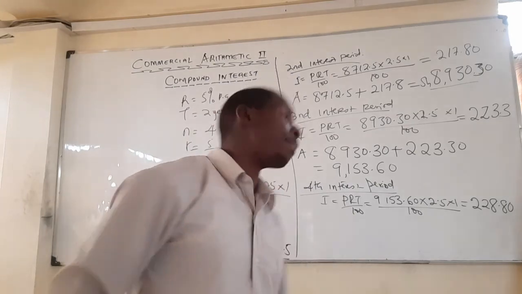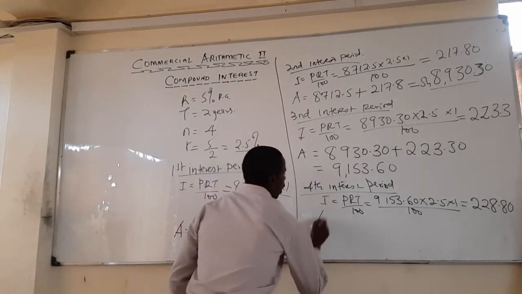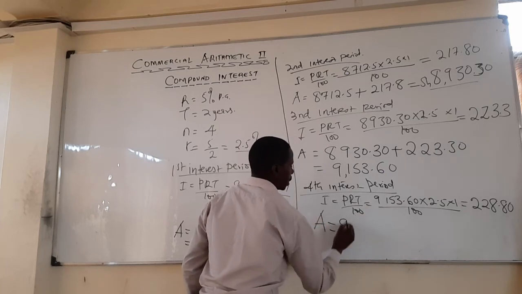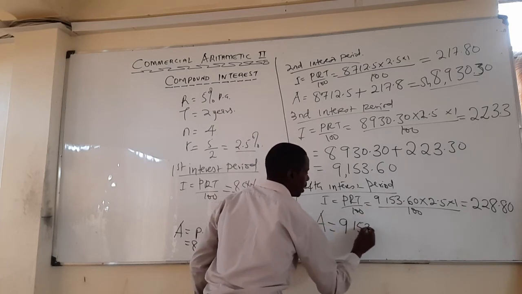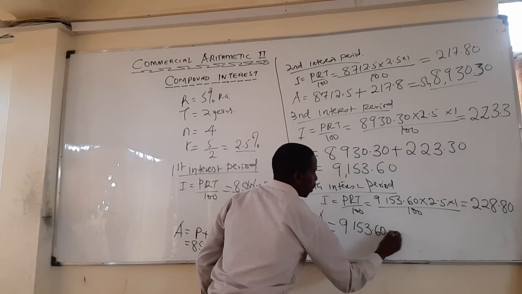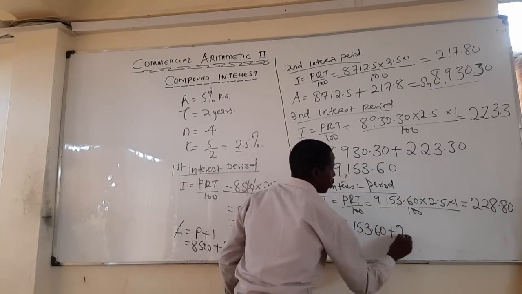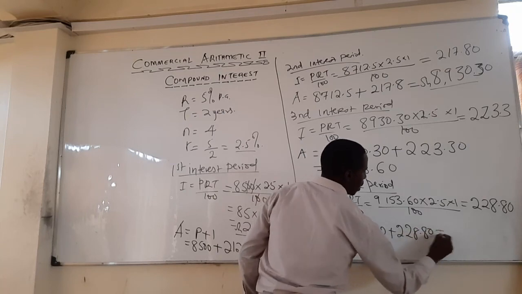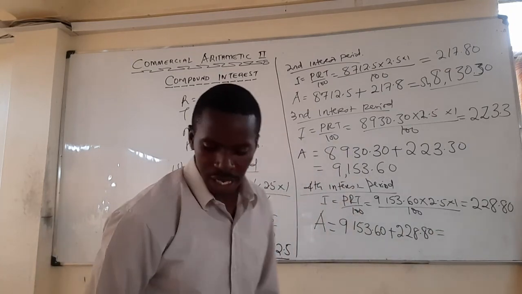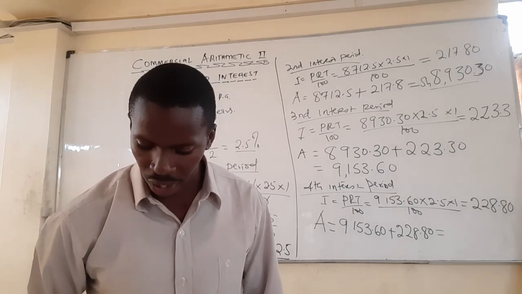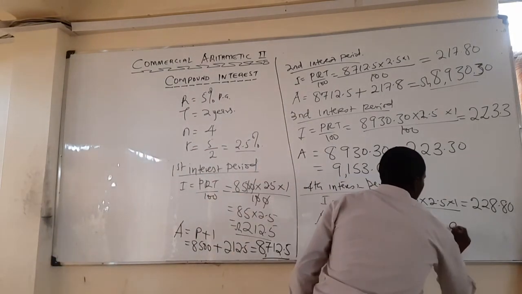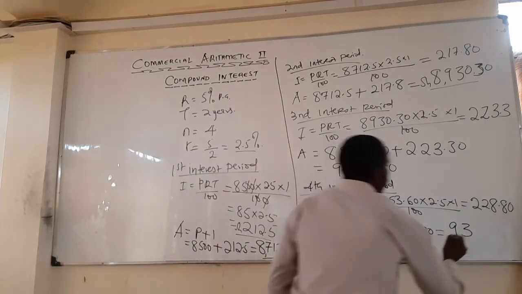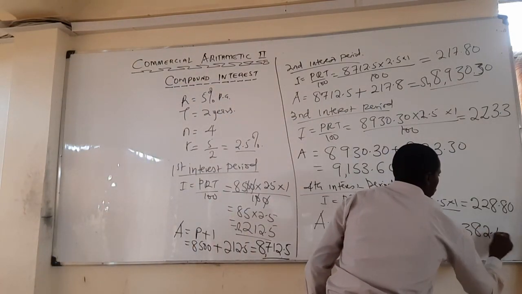Now the amount after the fourth period is going to be our principal here, which was 9,153.60. We add now 228.80, and this we are going to get as 9,382.4.